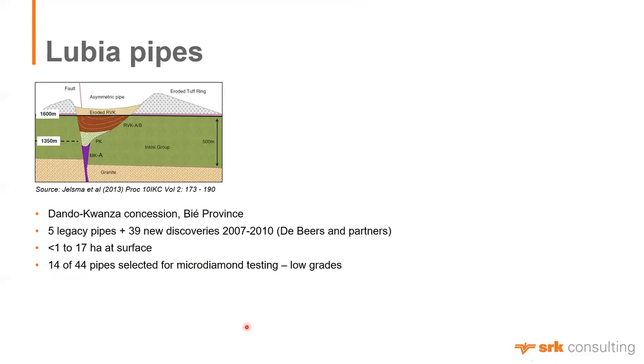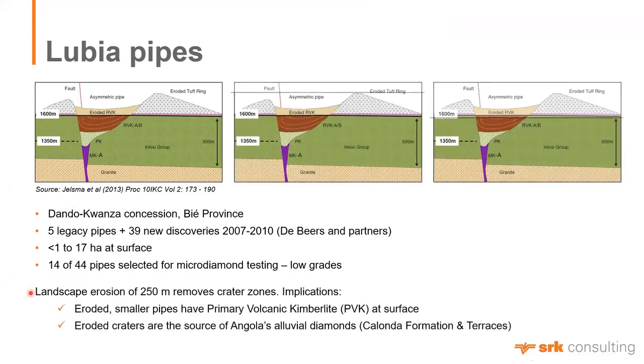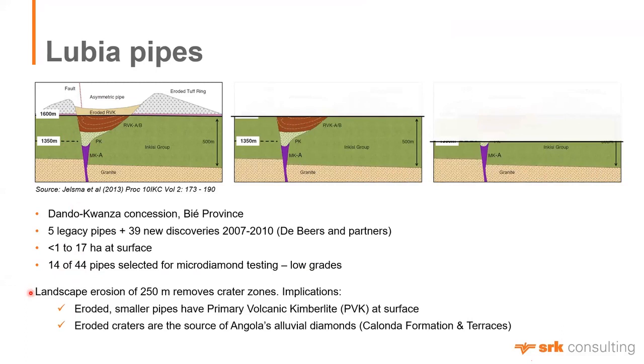But the interesting part of their publication is they indicated 2 levels of erosion within the pipes that they did discover. Diagrammatically, this is what that looks like. Soon after eruption of the kimberlite, you erode off this tuff ring, and then you're left with this brown stuff, which, guess what, is crater facies sands and RVK.